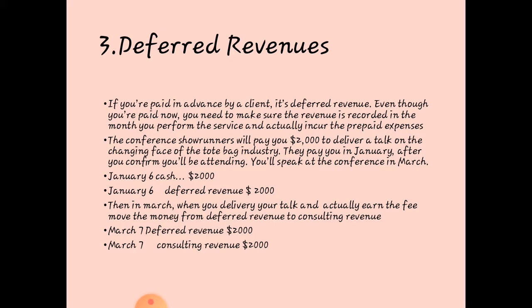For example, conference showrunners will pay you $2,000 to deliver a talk on the changing phase of the tote bag industry. They pay you in January after you confirm you will be attending. You will speak at the conference in March. Now cash is debit and deferred revenue is credit.